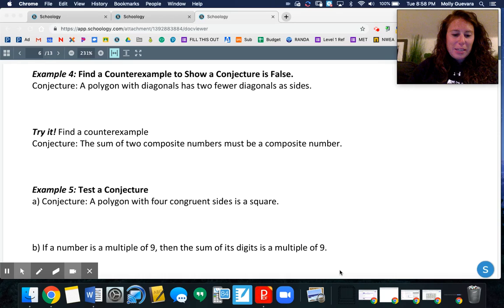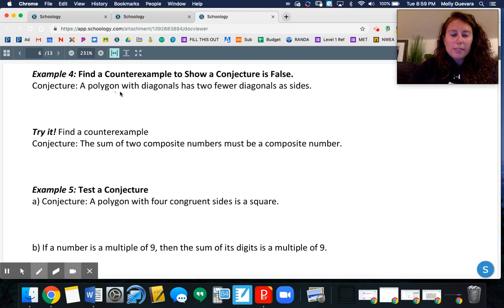So for example 4, my conjecture is a polygon with diagonals has 2 fewer diagonals than sides. A polygon is just a shape. It can be a triangle, a square, a rectangle, a pentagon, a kite, any shape.